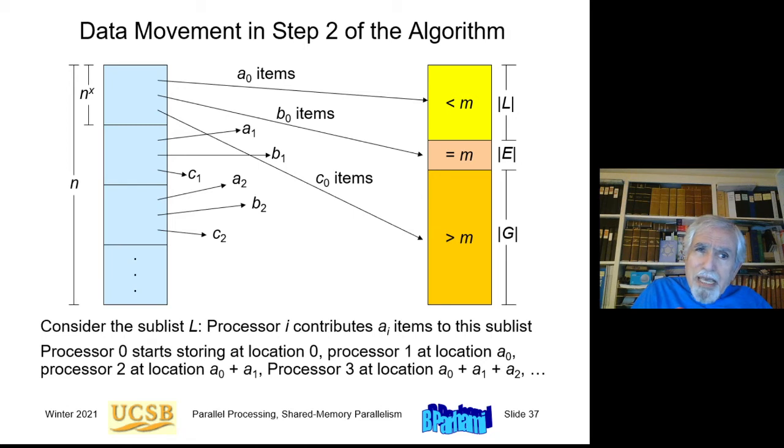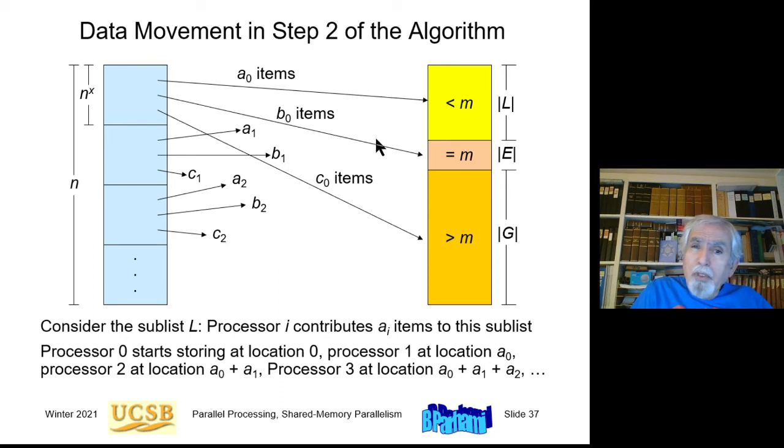With one scan of the sublist that the processor has, which takes n to the x steps, each processor knows how many elements it has that need to go into this part, this part, and this part. Let's call them A0, B0, C0 for processor 0, A1, B1, C1 for processor 1, and so on.